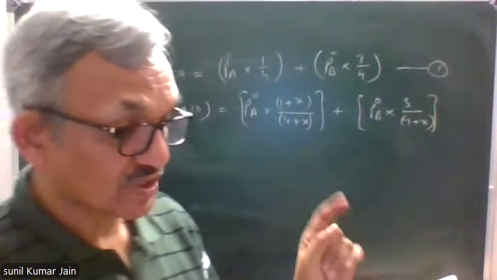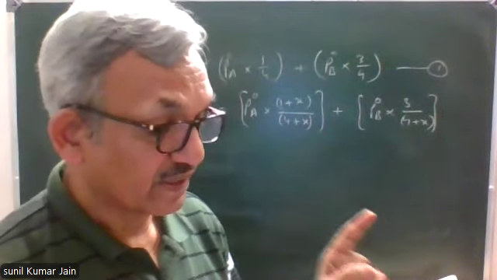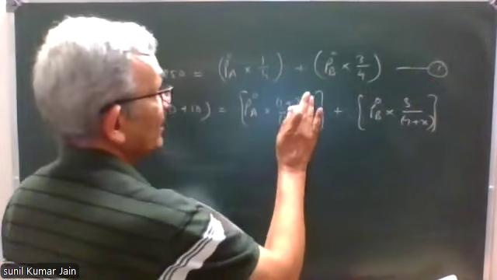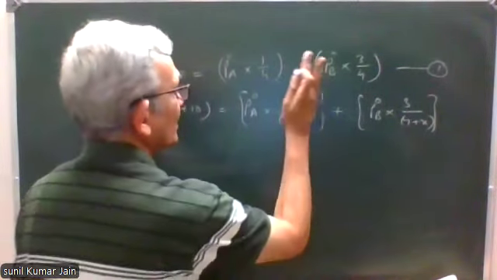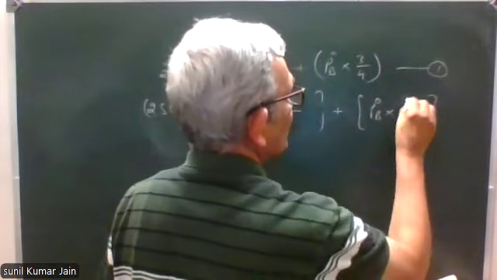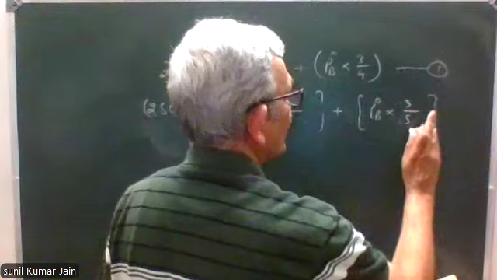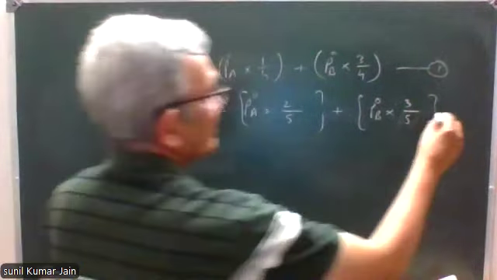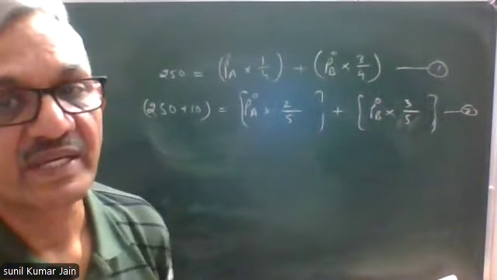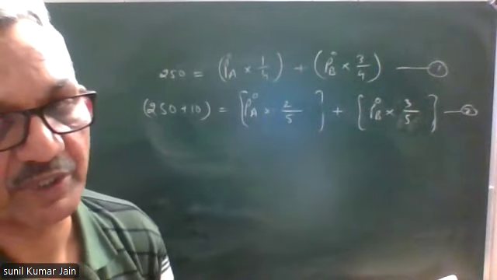Because initially it was 1 mole of A, not X, 1 mole has been added. It means it will become 2 by 5, and this will become 3 by 5. Now, this is equation number 2. These are two simultaneous equations. Calculate the values of P naught A and P naught B.